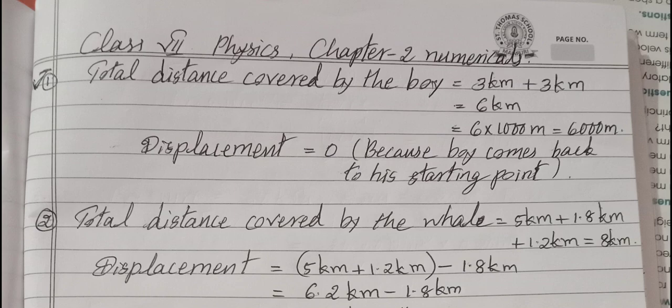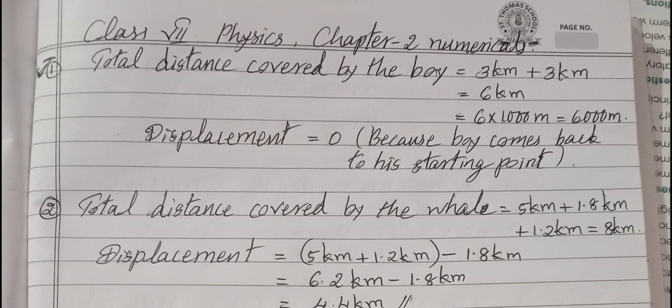Then when we convert 6 kilometers into meter, we get 6 into 1000 meter, equal to 6000 meter. To convert kilometer into meter, you have to multiply by 1000, so we get 6000 meter.